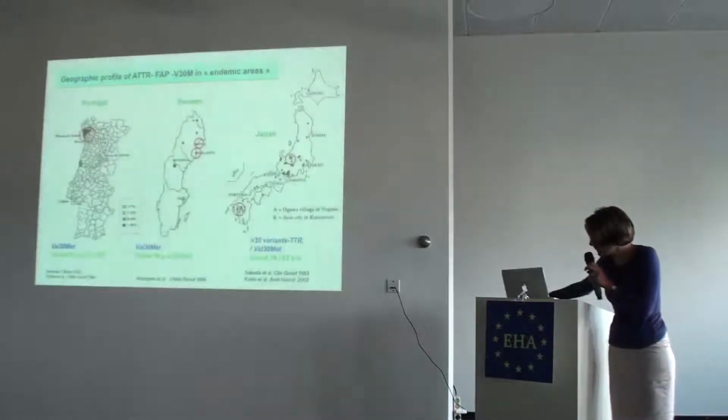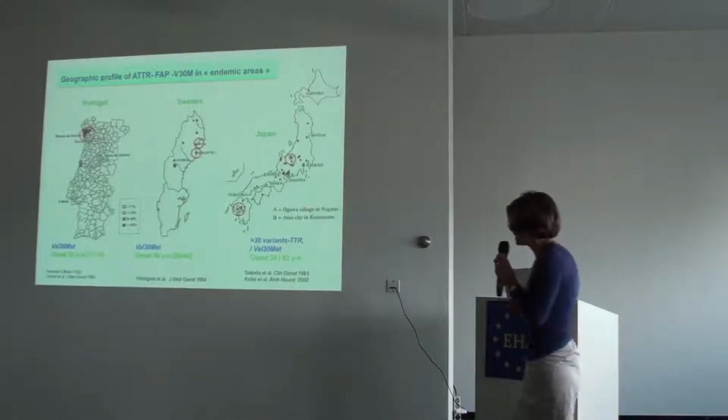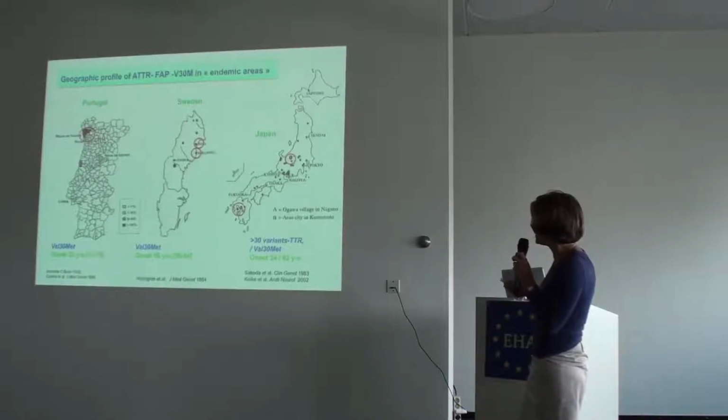Then the upper limbs are involved. Soon after the description in Portugal, there were other foci, what we call endemic areas, where the disease seems more frequent, particularly in northern Sweden, where there are at least 300 families in those two areas, Piteå and Skellefteå.